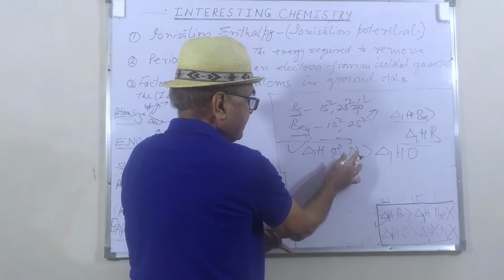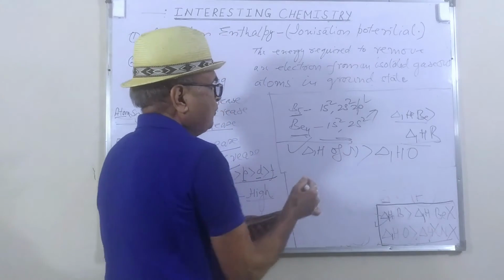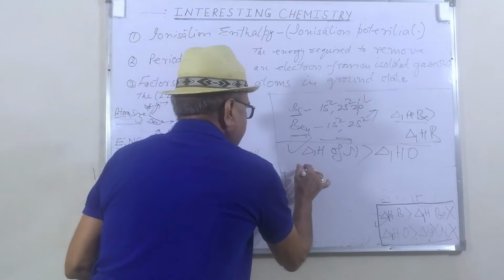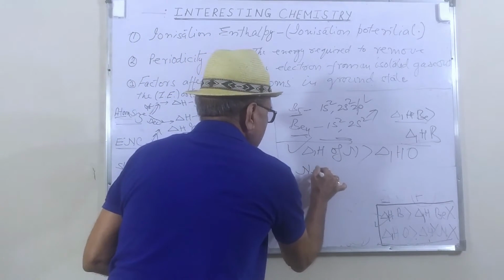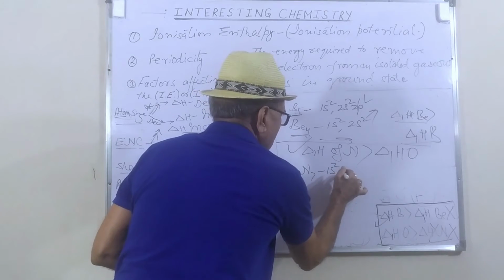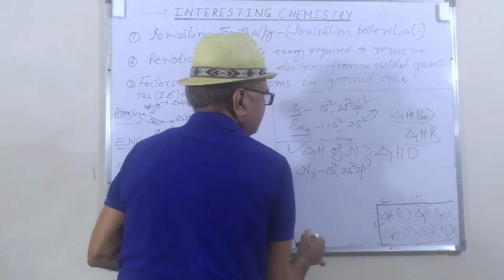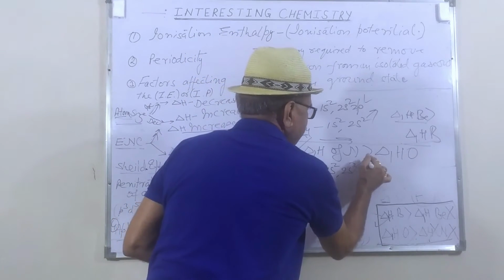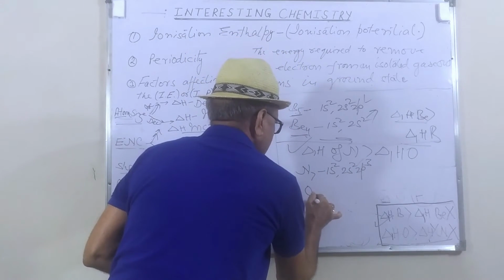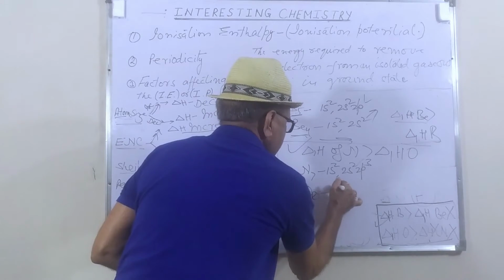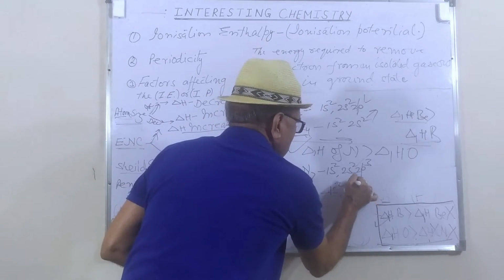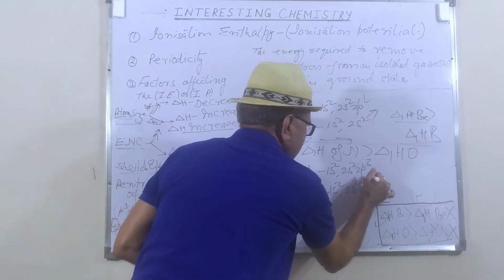Nitrogen, how will you explain? Nitrogen, number 7: 1s2, 2s2, 2p3. Oxygen, O8: 1s2, 2s2 and 2p4.